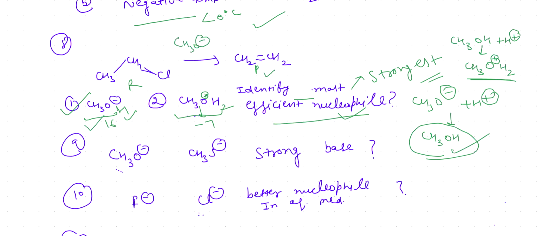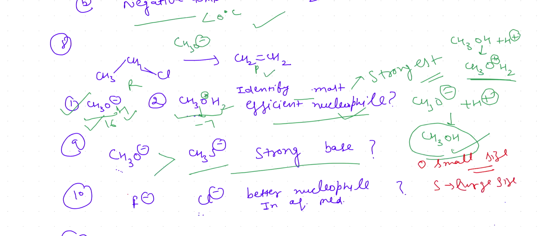So out of these, which is the stronger base? CH3O negative is a stronger base as compared to CH3S negative. Why? Because oxygen has a small size and sulfur has a large size.